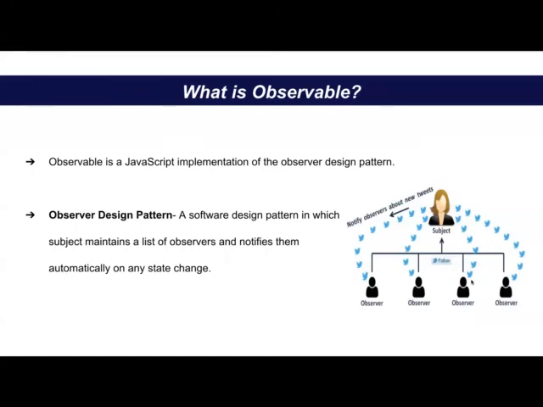So you can understand the power: for any entity, variable, or object whose value can change over time, all the observers will directly get notified, and we need not check that entity continuously. It's because of that design pattern that observables are useful. So this is what an observable is and why we need observables.